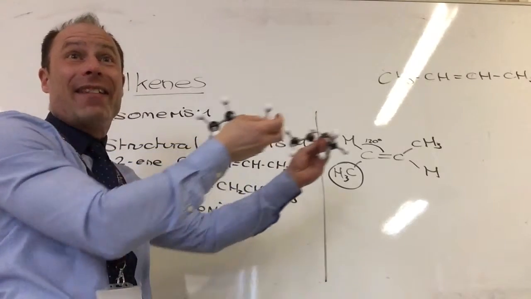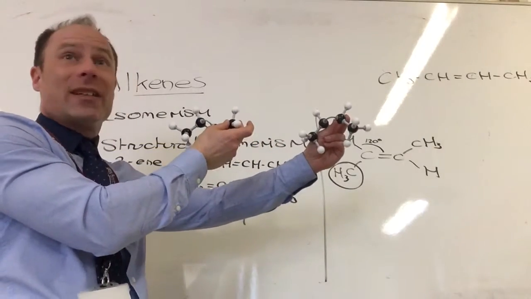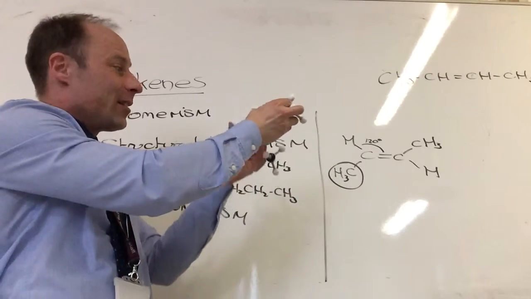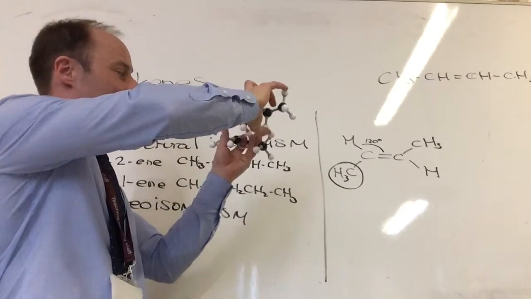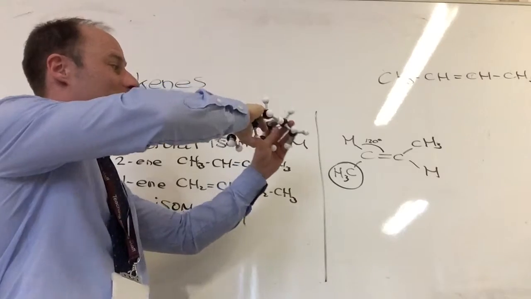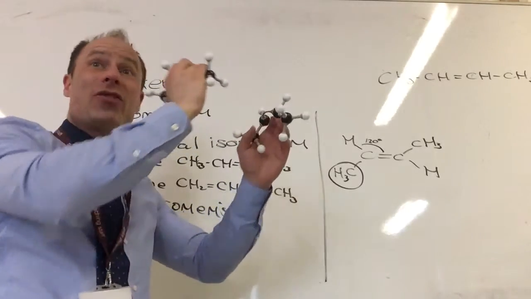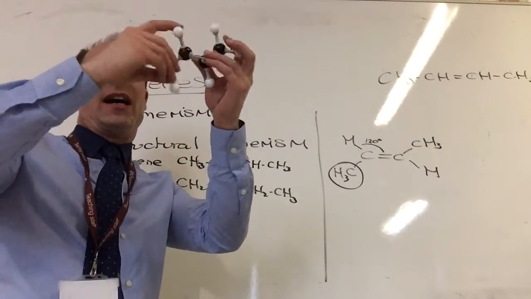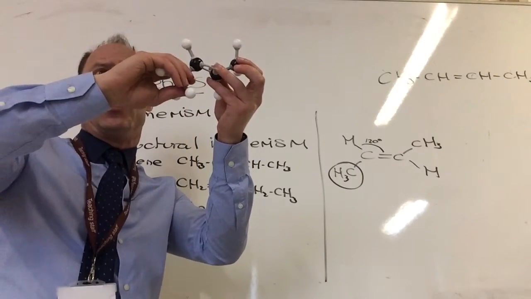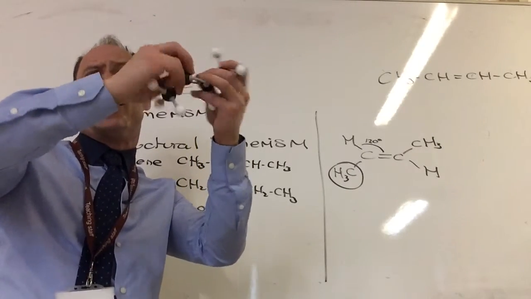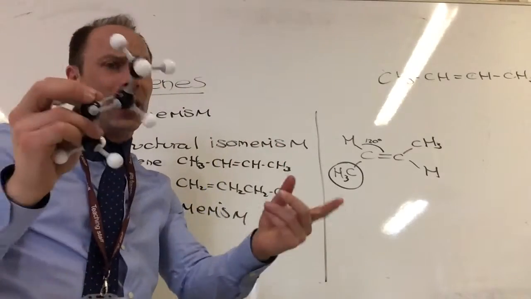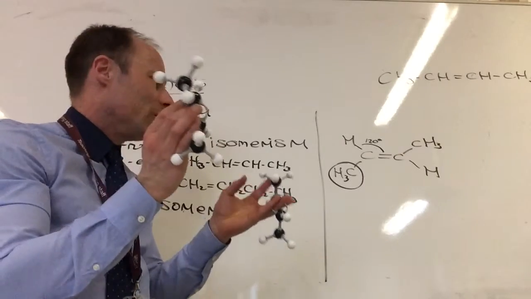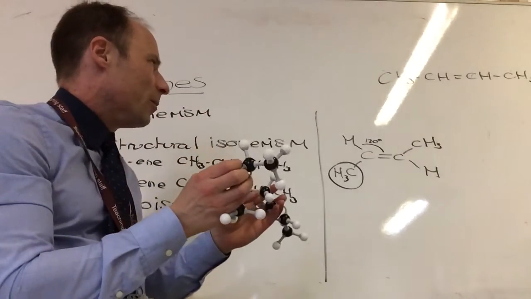So this is stereoisomerism. The bonds and the atoms are in the same order, but here the hydrogens are across from each other, and here they're on the same side of each other. This results because I've got different groups on the carbon atoms, and I cannot rotate around a double bond. The only way you can do that is if you break that bond. Please don't break it.